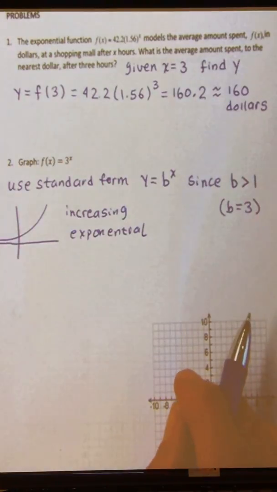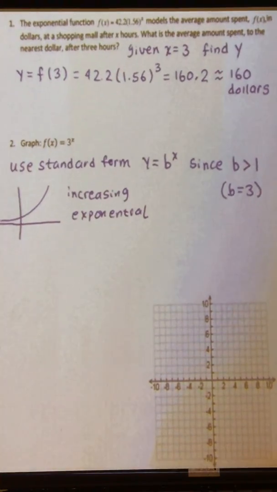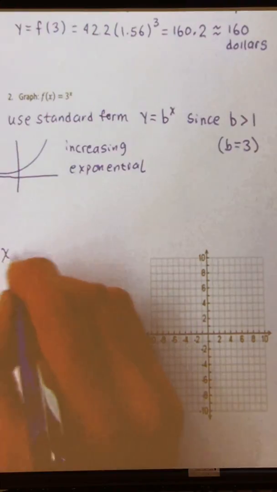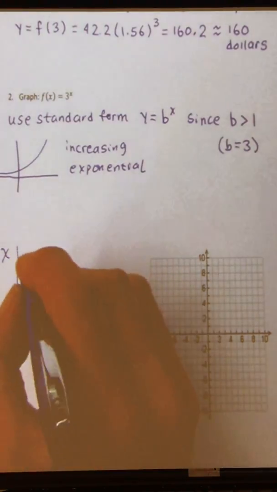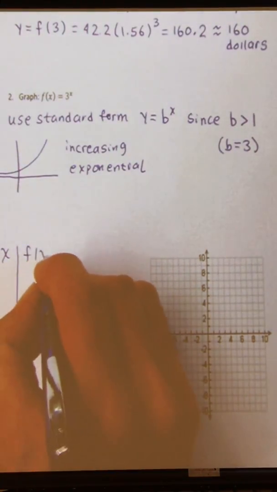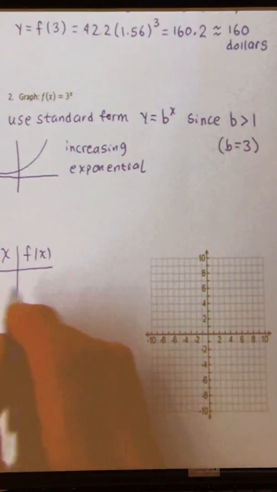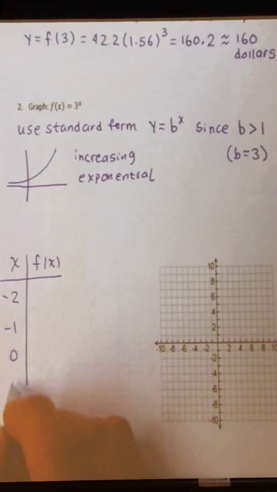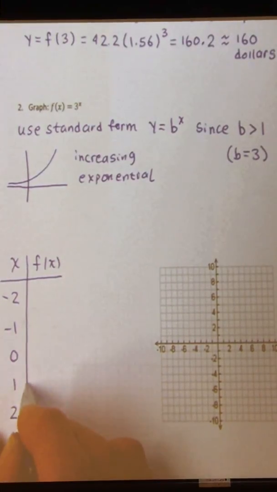So let's determine a few ordered pairs to make the graph more accurate, and then we'll plot those points and we'll have the graph of the function f of x. So we'll make a table of values for x and f of x. We'll take x values to be -2, -1, 0, 1, and 2.